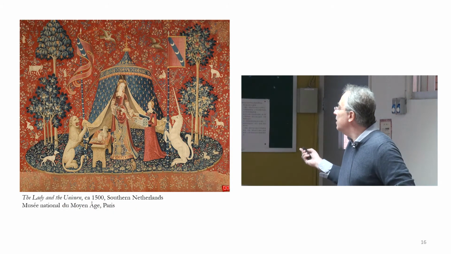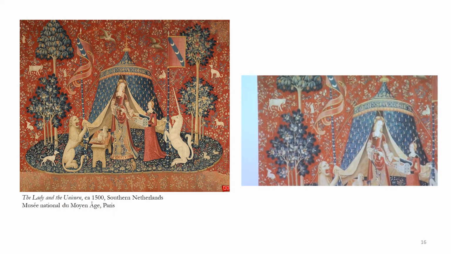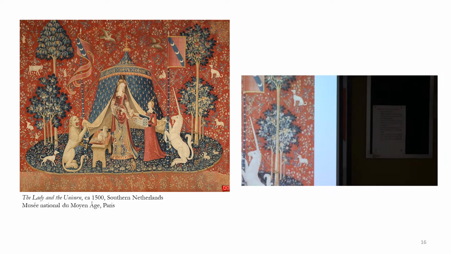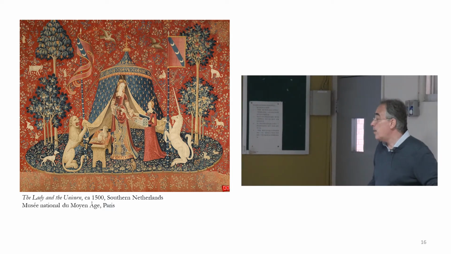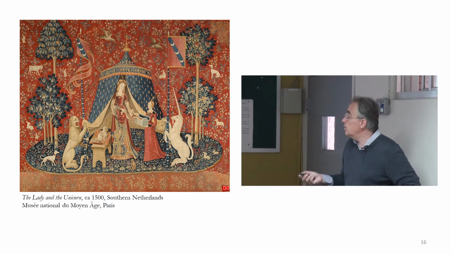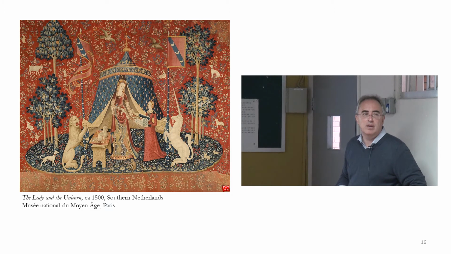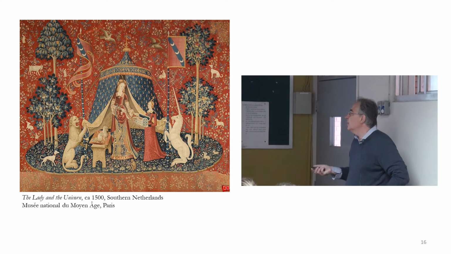A similar series, just as stunning, was produced in around 1500 and is now sheltered in the Musée National du Moyen Âge in Paris. This is the series known as the Lady and the Unicorn, and notice the powerful and very, very beautiful symbolism that you can find here.